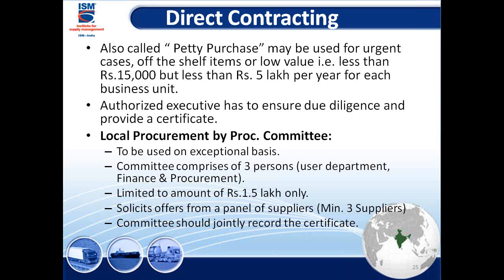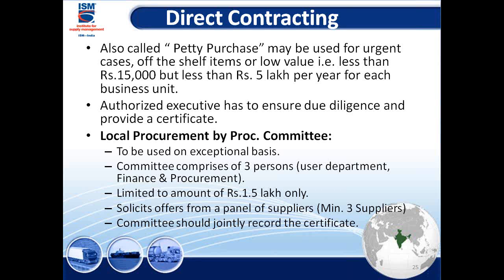It is only for those items which you are allowed. Those cards are used very often like a credit card, so it cuts down your paperwork. The authorized executive has to ensure due diligence and provide a certificate: I have taken care of due diligence and the item is of good price and good quality.